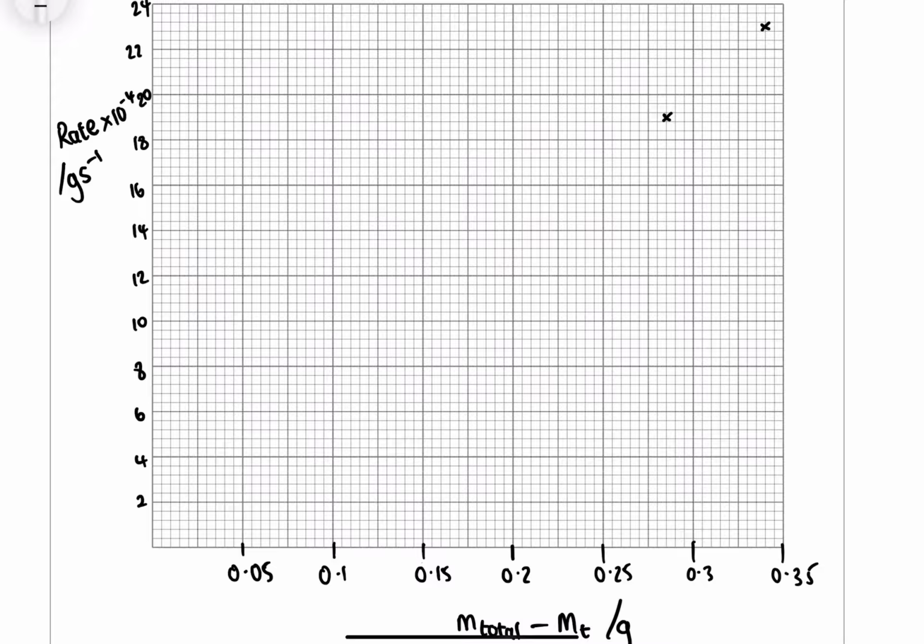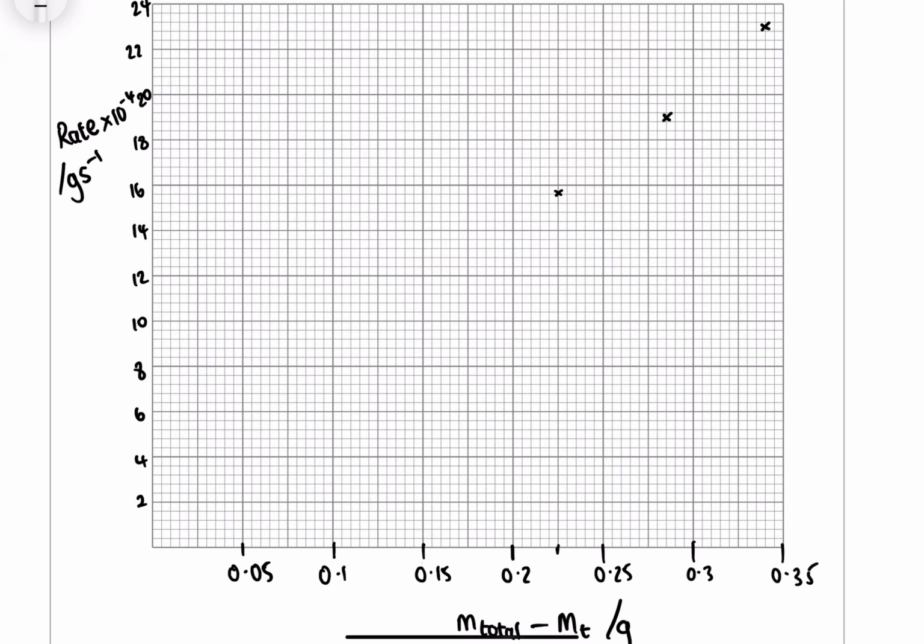And then we want to go to 0.225, which is this middle line here, and 15.7, just above there.